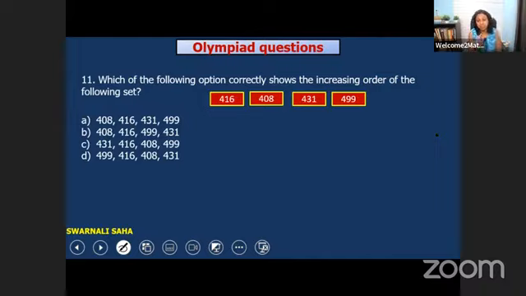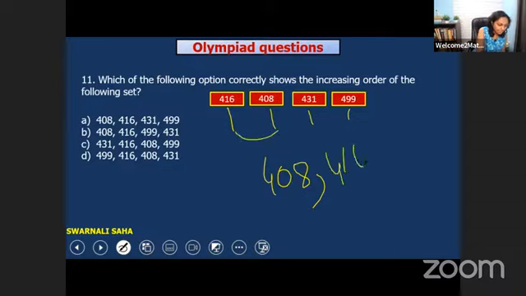All the digits are the same. So what do we do now? We just check the next digit. Here you can see 1, then 0, then 3, then 9. So 408 would be the smallest. Then after 0, comes 1, so 416. Now 431, because after 1, 3 would come.